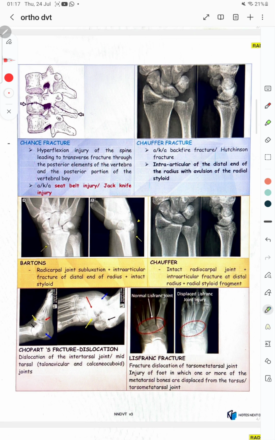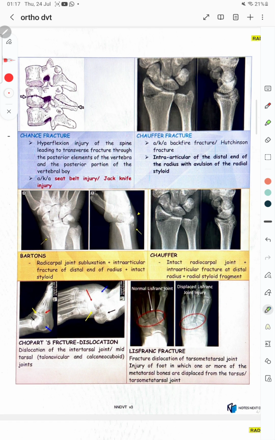Then we have Barton's fracture. It is radiocarpal joint subluxation with intra-articular fracture of distal end of radius and intact styloid. Schoffer's fracture, intact radiocarpal joint with intra-articular fracture of distal radius and the radial styloid fragment.